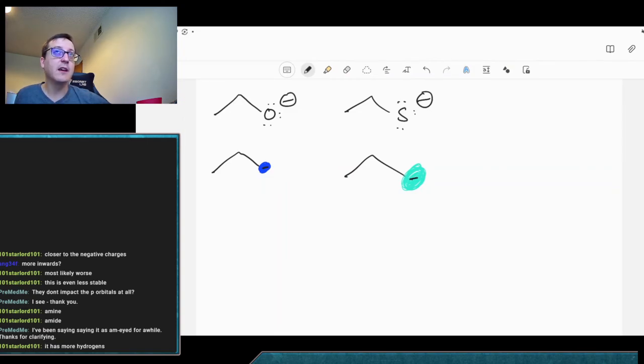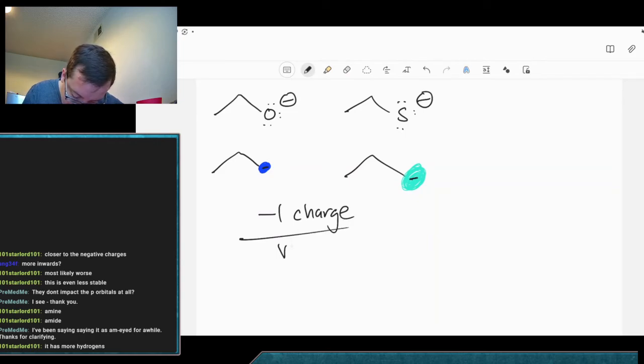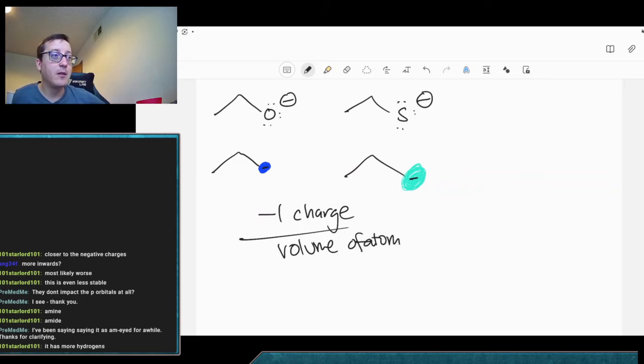in terms of concentration, if we think back to our solution chemistry, which one of these is going to be more concentrated in terms of negative charge? Let's say we have the -1 charge and the volume of our atom.